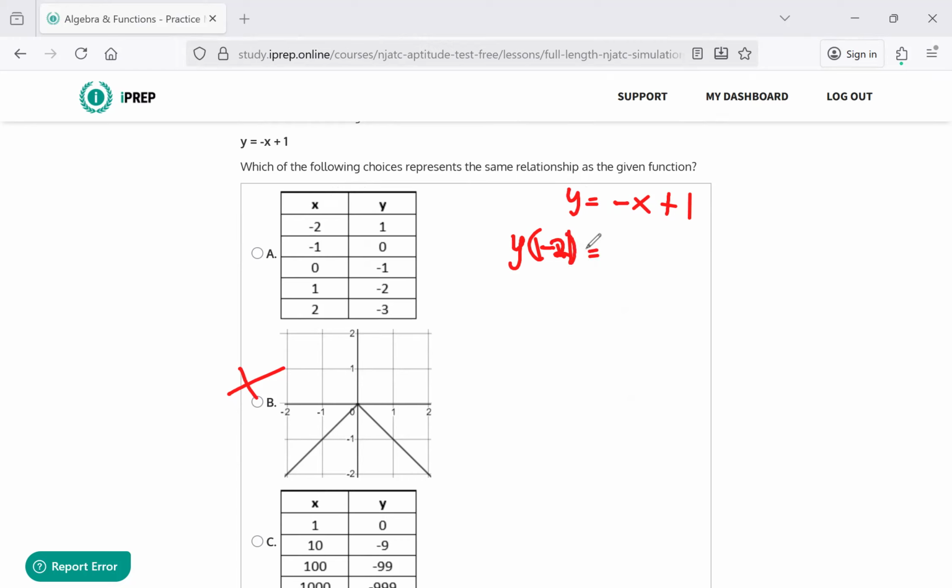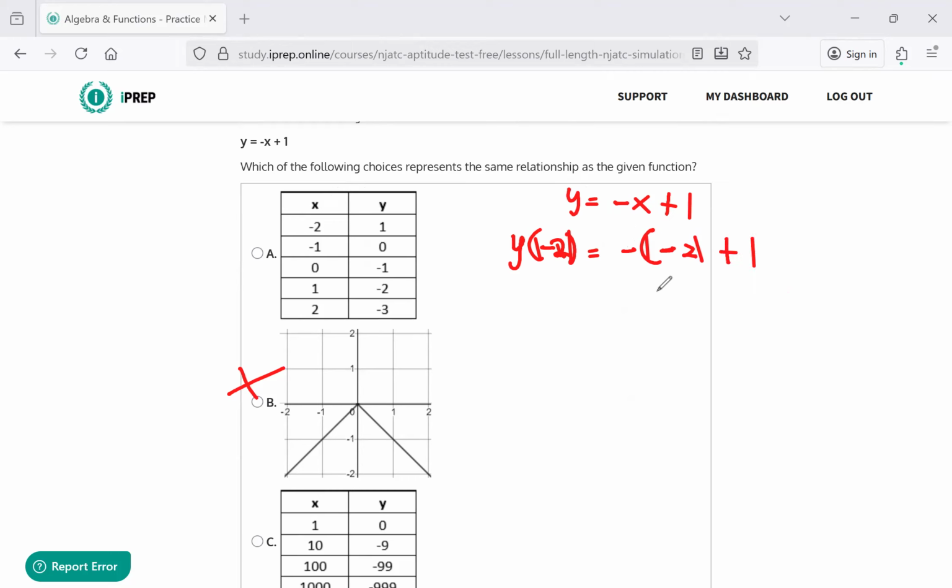If I plug in negative 2, this is going to be minus, and then replace x with negative 2, plus 1.